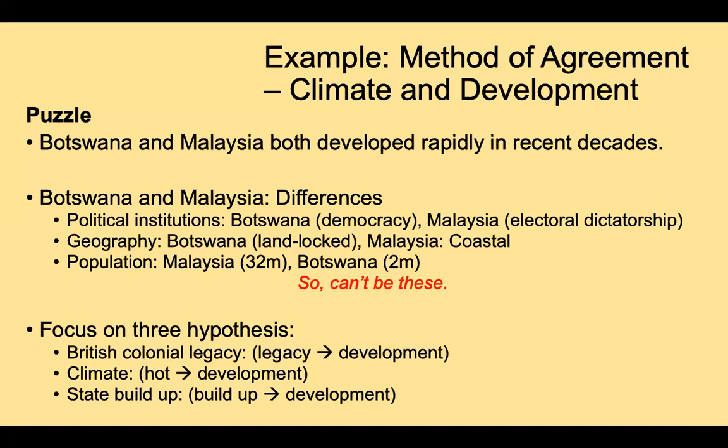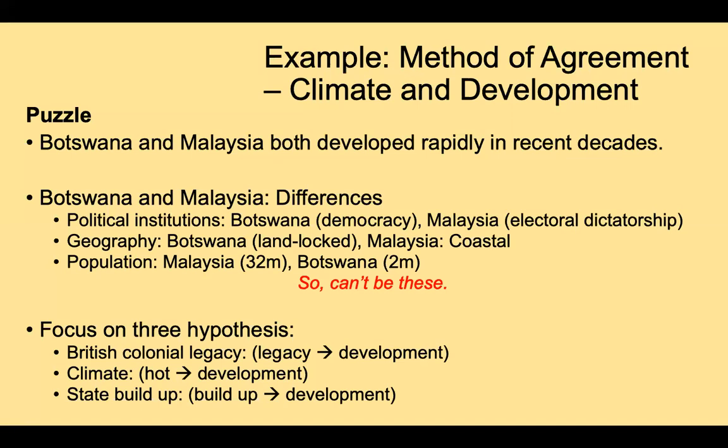Similarly, the coastal or landlocked geography of these countries also distinguishes them. So Botswana is landlocked in the middle of Africa, no access to the ocean, in a continent that's quite large and that requires a great deal of travel to get to the nearest point if you're leaving Botswana.